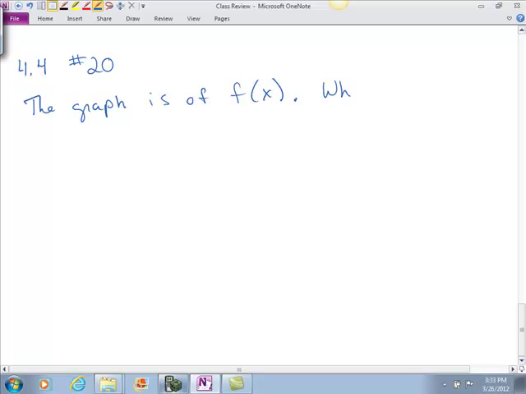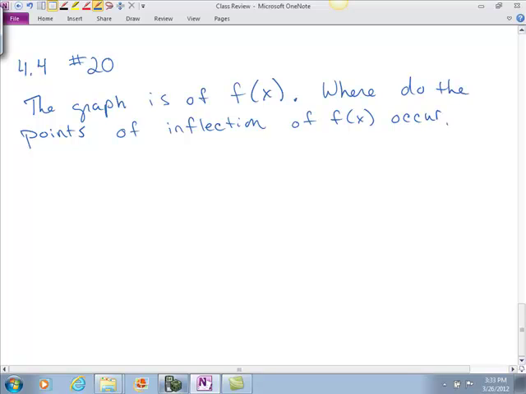And they ask you, where do the points of inflection of f of x occur, and on which interval is f of x concave down.